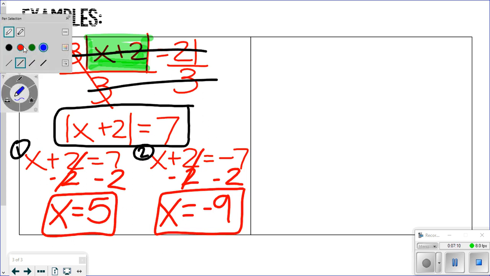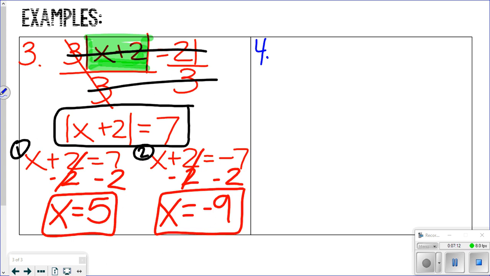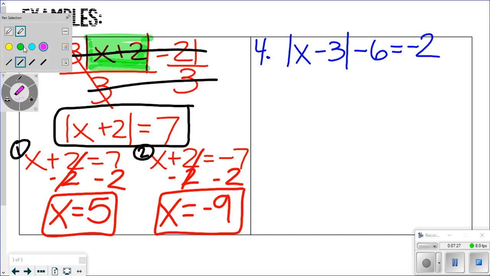Example 4. The absolute value of x minus 3, and then subtract 6 equals -2. So if I highlight my absolute value expression, it's the absolute value of x minus 3.